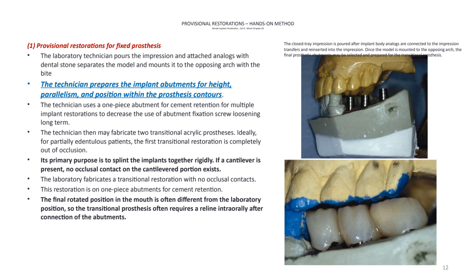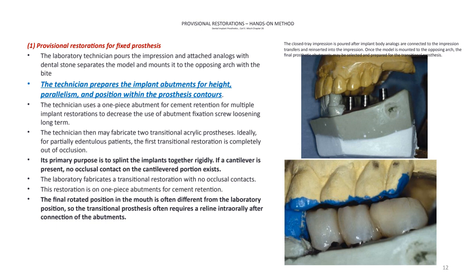So it says here the technician uses one-piece abutment for cement restoration, for multiple implant restoration to decrease the abutment fixation screw loosening long term. So in other words, we can have the cement-retained restoration, it's fixed over the temporary abutments. So it's cemented in there versus the screw-retained that is held in place with the screw.